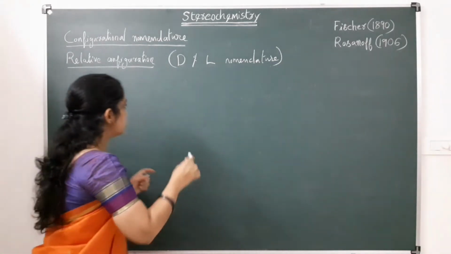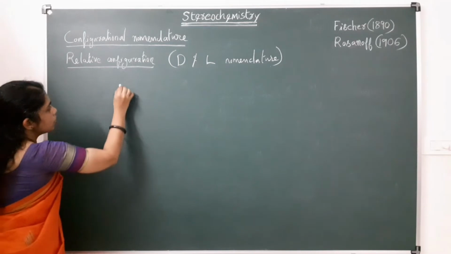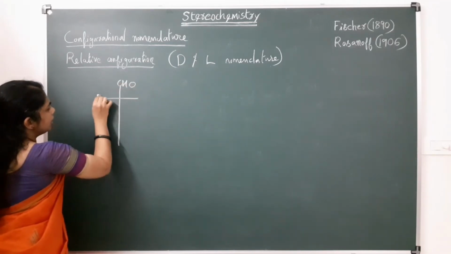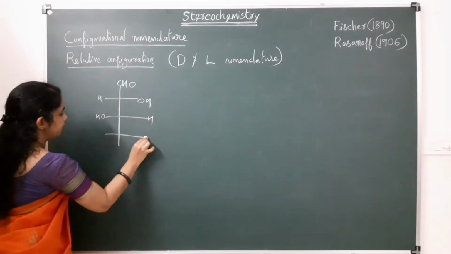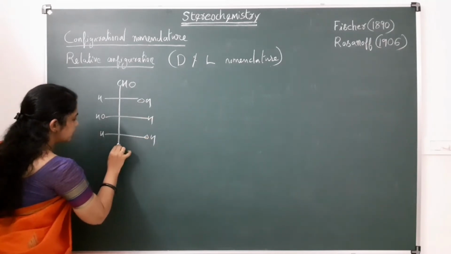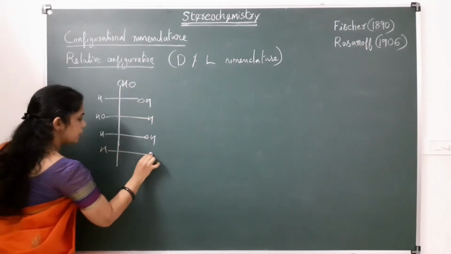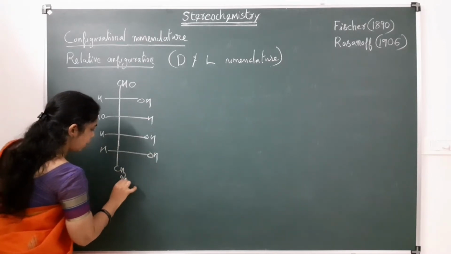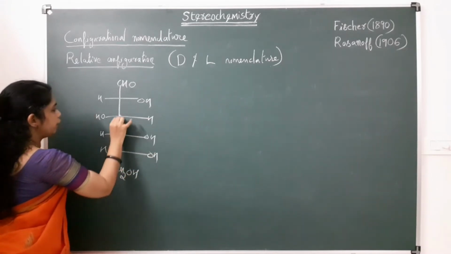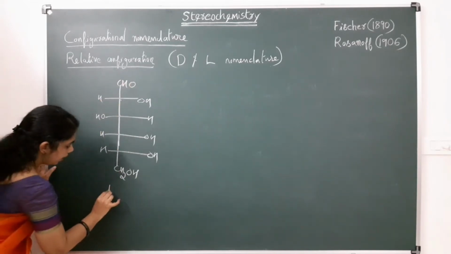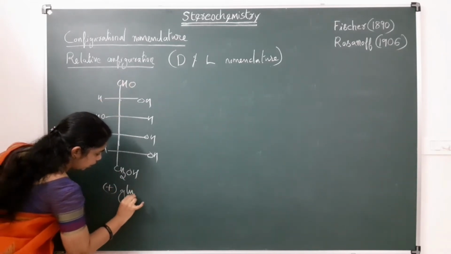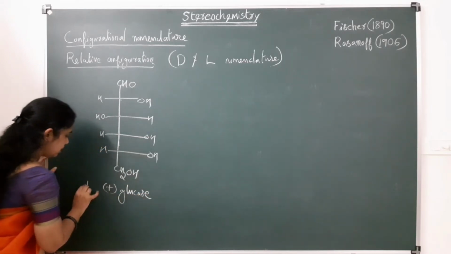We know the glucose structure, with carbons numbered 1, 2, 3, 4, 5, 6, ending in CH2OH. This is plus glucose, D glucose.